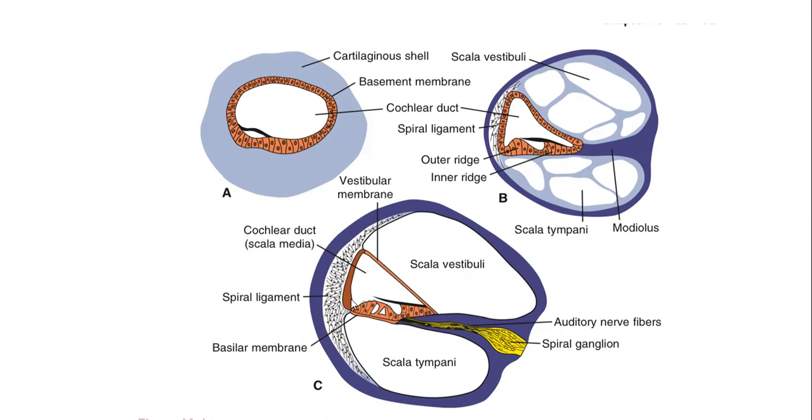The lateral wall of the cochlear duct remains attached to the surrounding cartilage by the spiral ligament, whereas its medial angle is connected to and partially supported by a long cartilaginous process, the modiolus, the future axis of the bony cochlea.